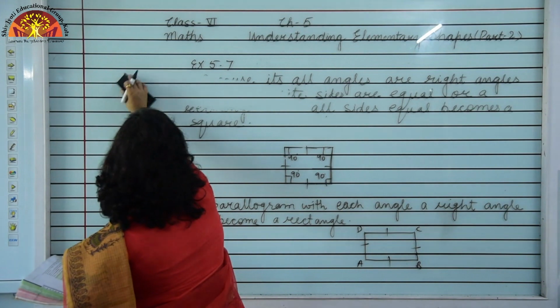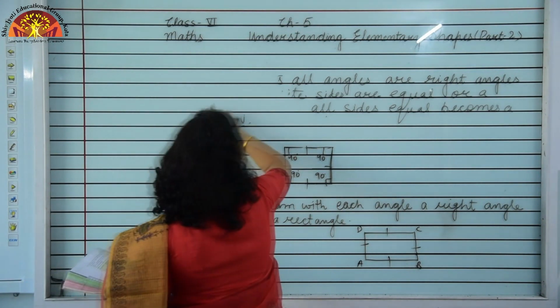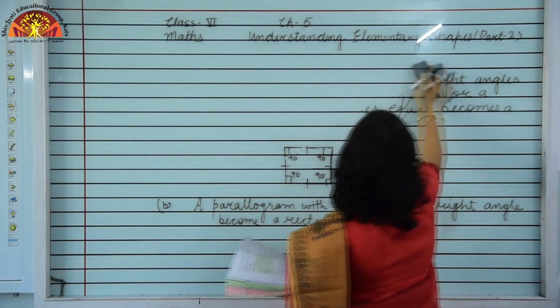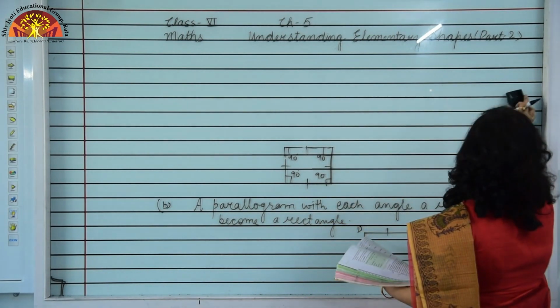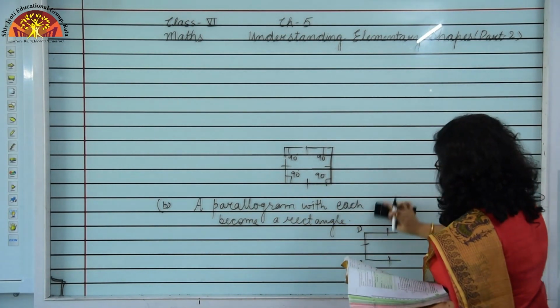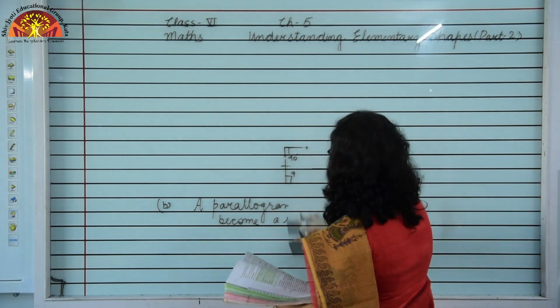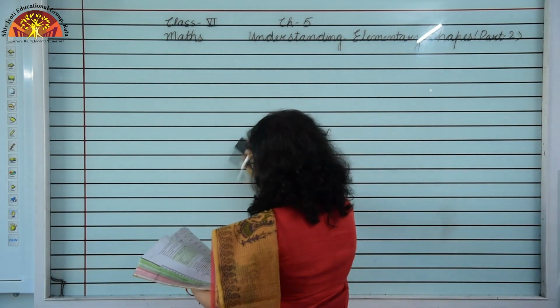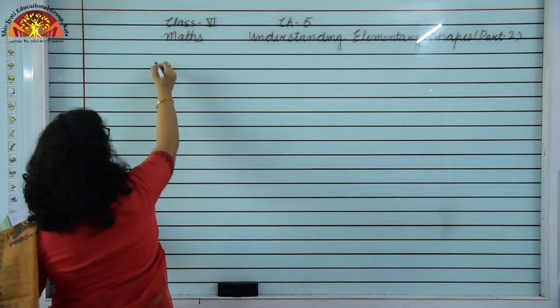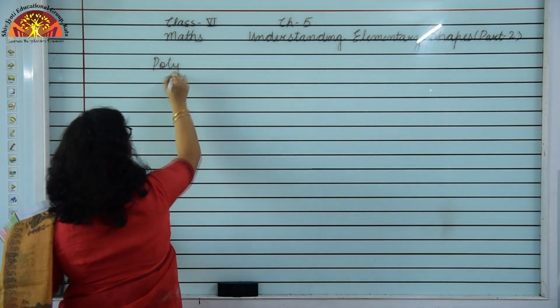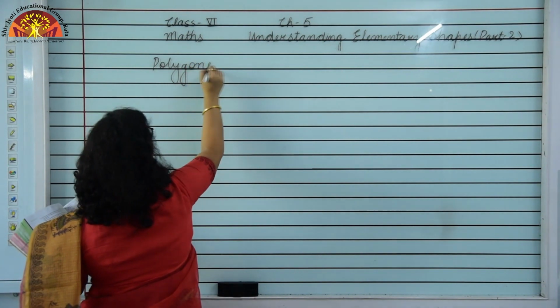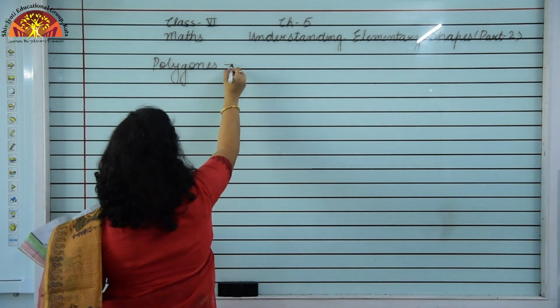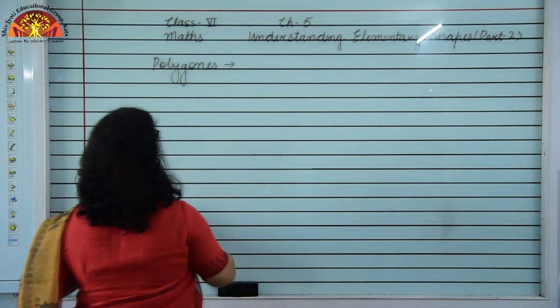Polygons means a closed figure made up by line segments. Closed figure जो line segments से मिलकर बनती है, that is polygons. Now we have some types of polygons. First is triangle.